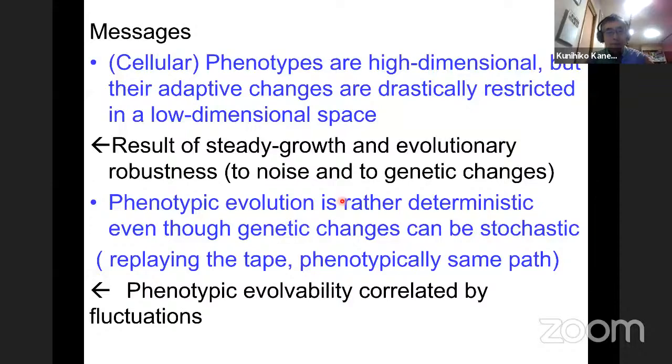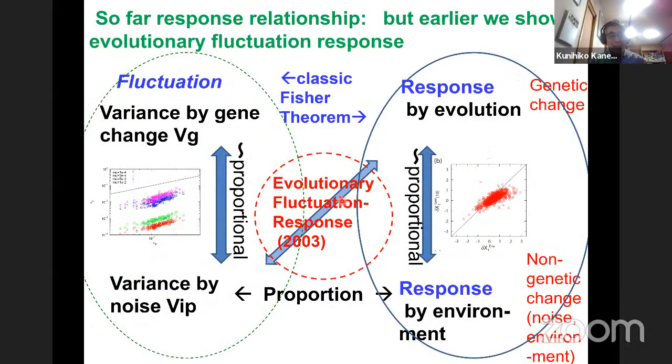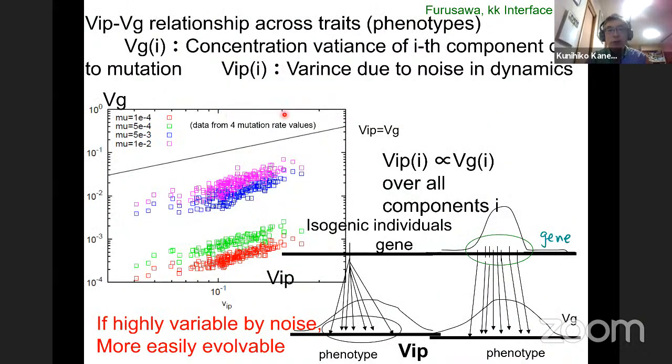And maybe I don't have time to go into the fluctuation. And actually we can discuss the same thing for the fluctuation. In this case, each component's concentration changes by noise, so there is a variance of each component's concentration. And we can also have concentration variance due to mutation, evolutionary change.